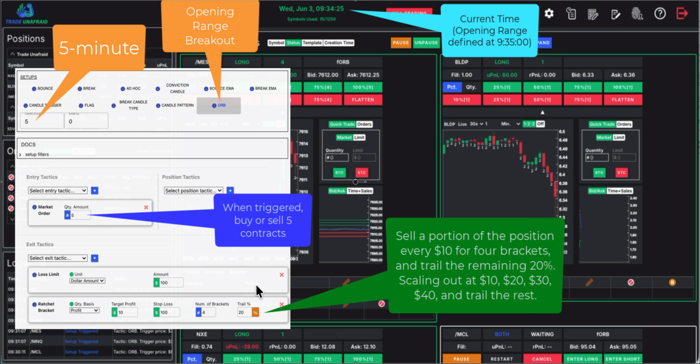But you'll see that the trail increments. So it doesn't trail like a standard trailing stop. It will actually trail in jumps, as if there's a ghost target beyond these 4. And every time that ghost target is hit, it'll move the stop by that same increment again.